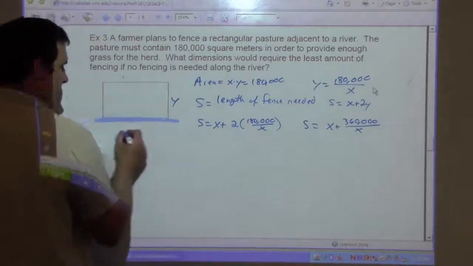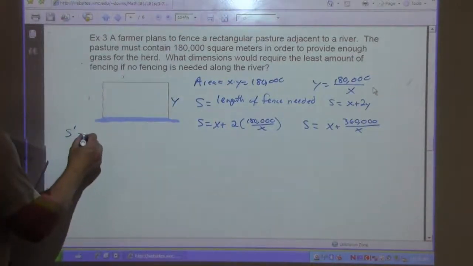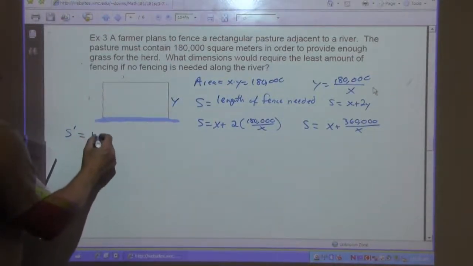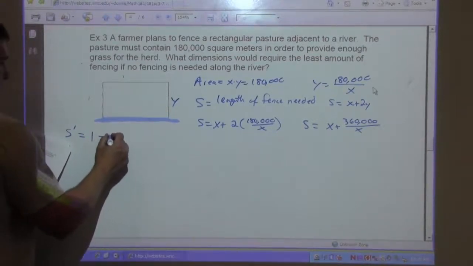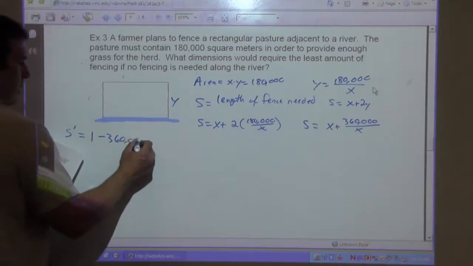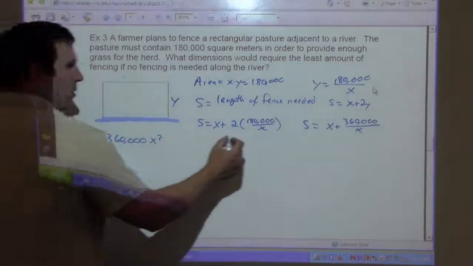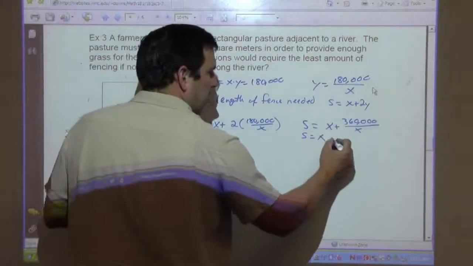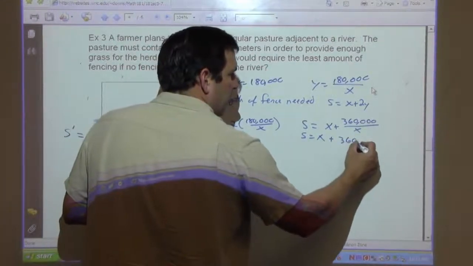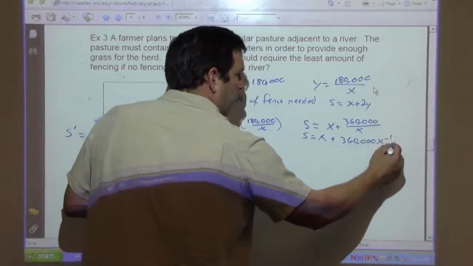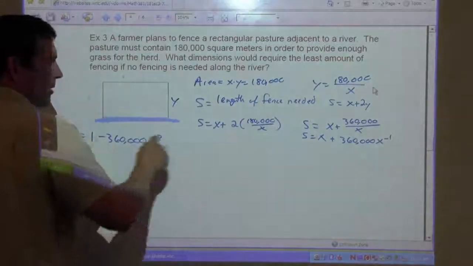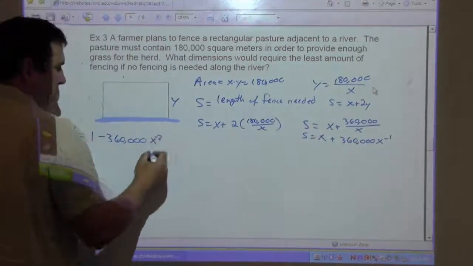And our first derivative, s prime, is going to be equal to 1 minus 360,000 over x squared, because you could represent this as s equals x plus 360,000 x to the negative 1. This negative 1 comes out front, and this should be negative 2 power actually.